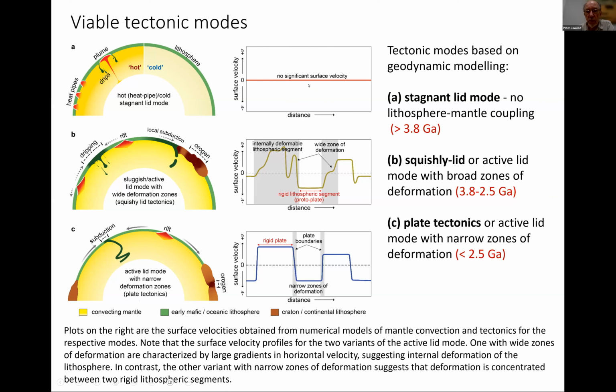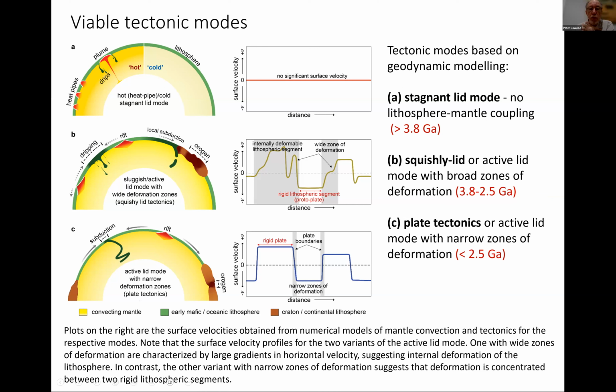You have a convecting mantle, but no coupling with the lithosphere, so there's no significant surface velocity. And I suppose there are 2 types of stagnant lid. One is in which you have a convecting hot mantle, and the other, Venus might be a typical example of that, and one in which you have a cold, essentially solidified mantle situation.